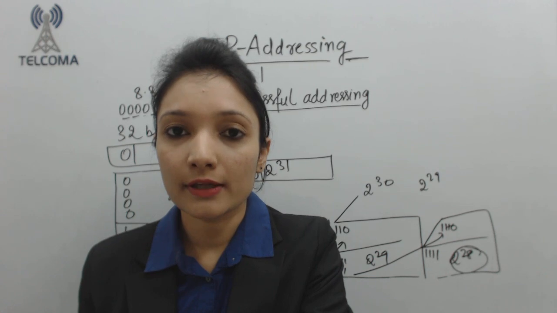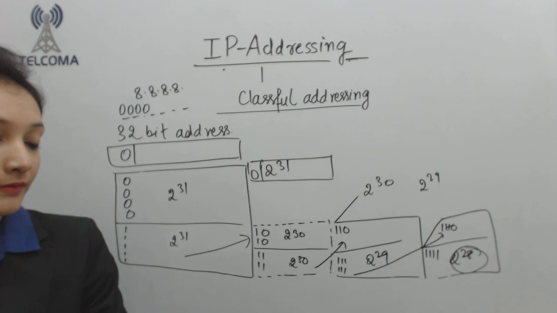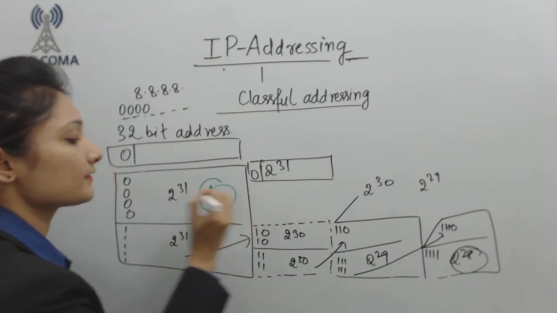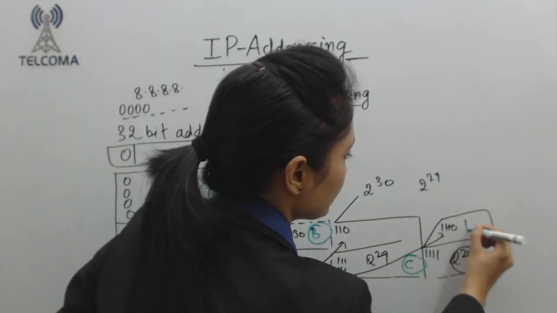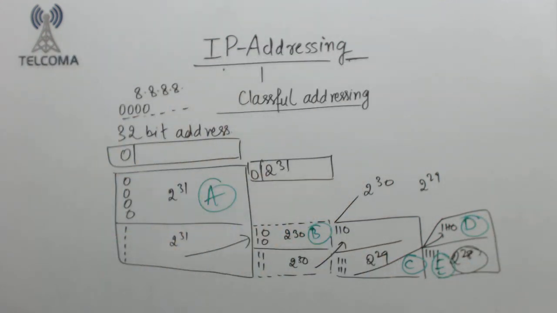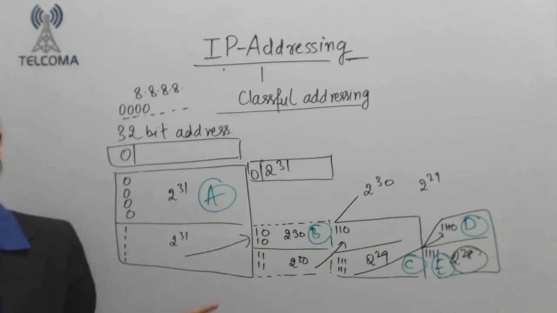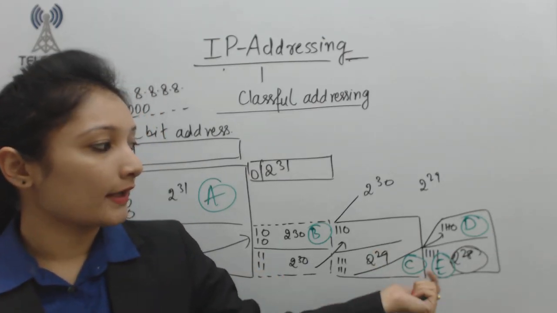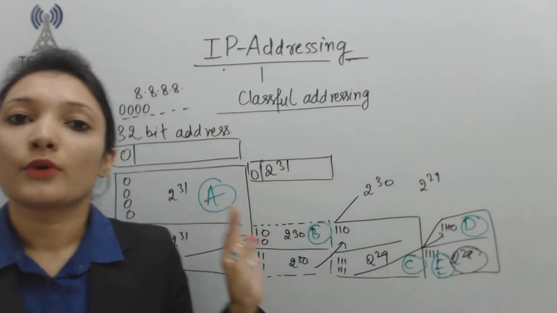Now when this division was made, they basically categorized these divisions into different classes. So the first one here was class A, this is class B, this is class C, this is class D, and this is class E. So that means class A has 2 raised to power 31, then class B 2 raised to power 30, class C 2 raised to power 29, and then 2 raised to power 28, 27, different numbers of addresses for each class.